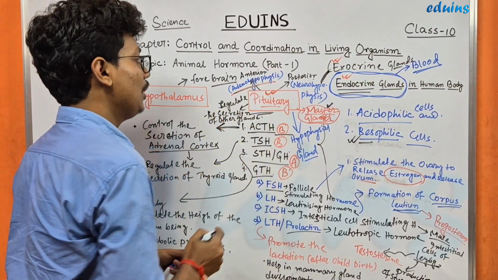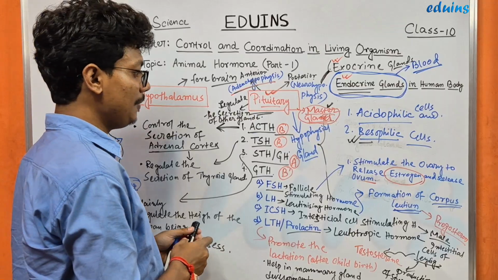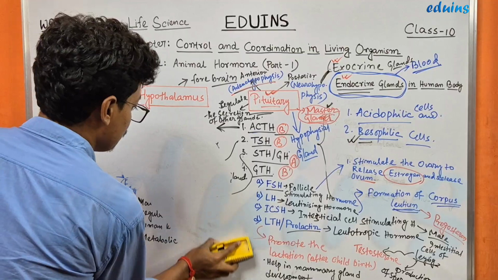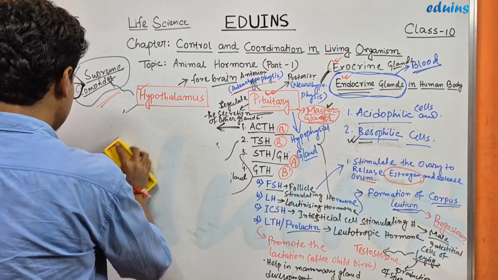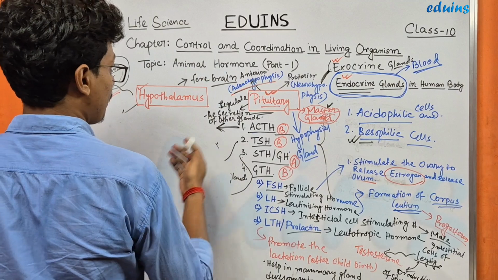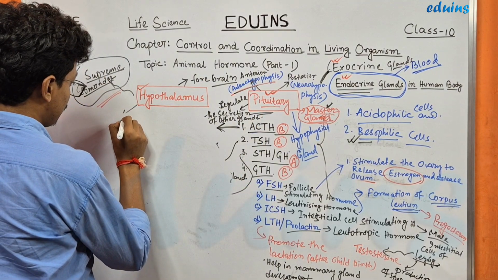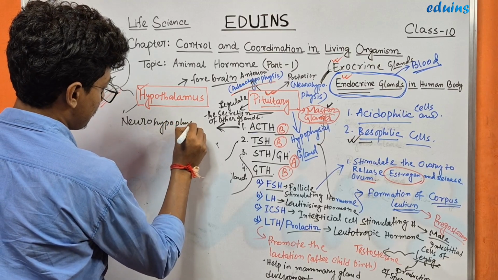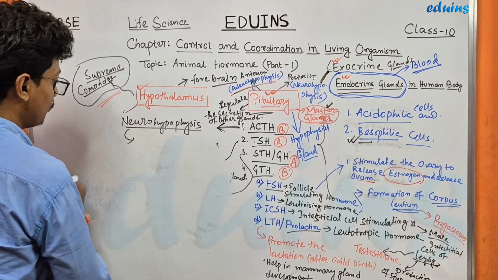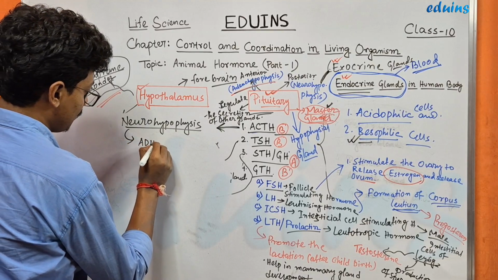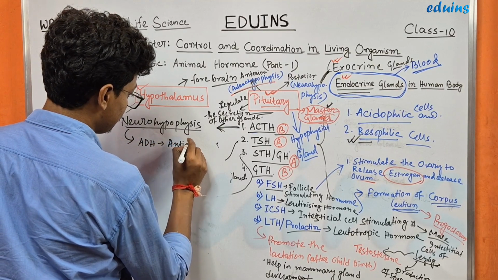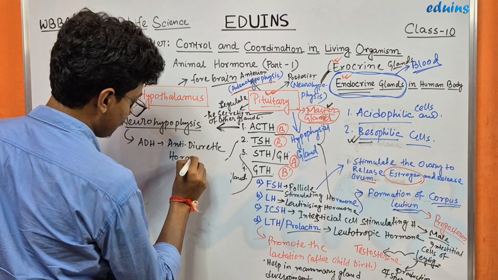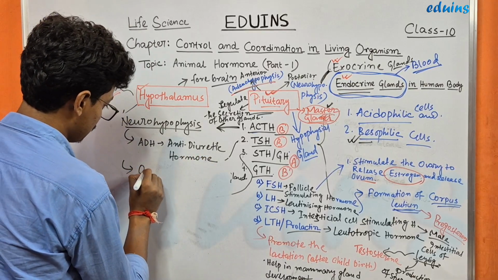This is anterior pituitary or adenohypophysis. In the posterior pituitary or neurohypophysis, the hormones that are released from the hypothalamus are stored. The hormones released are ADH, which is known as anti-diuretic hormone, and oxytocin.